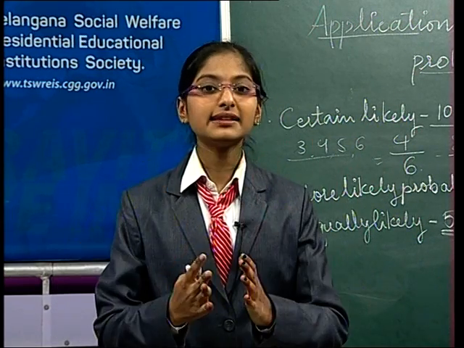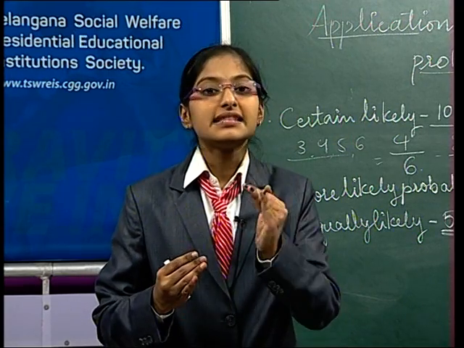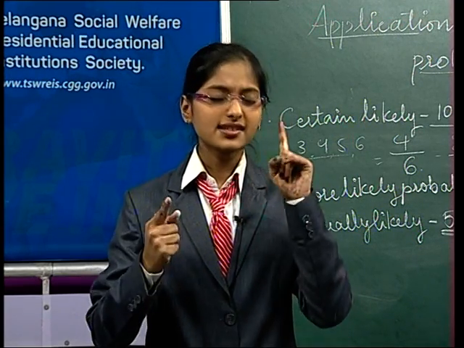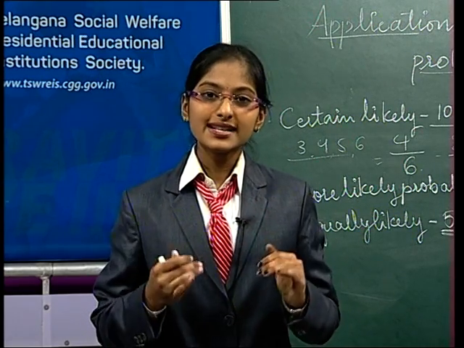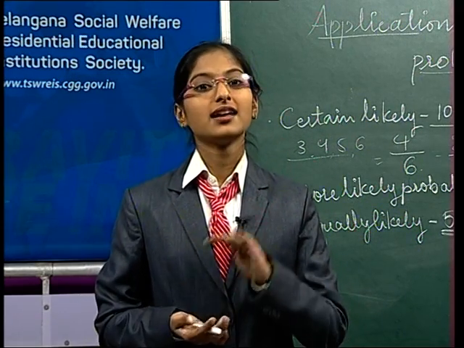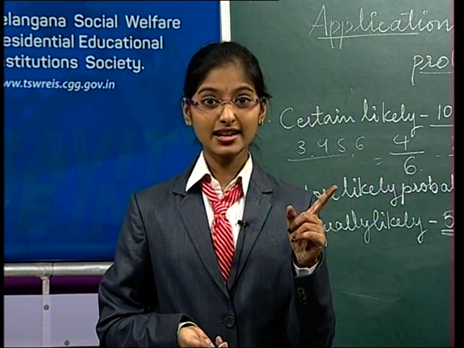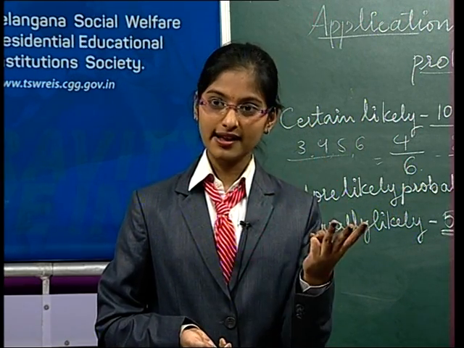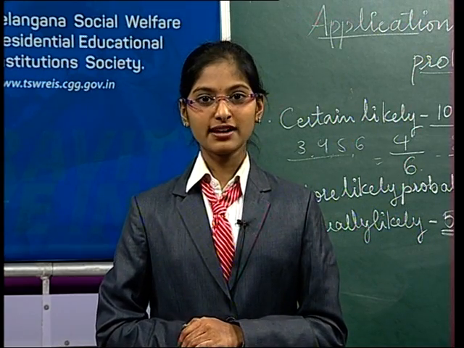When we write them in decimal form also, they are less than 1. The certain likely will come exactly 1. So, the probability always lies between 0 and 1. We have learned about 5 types of probability here: certain likely, more likely, equally likely, less likely, and impossible likely. These 5 we have learned.